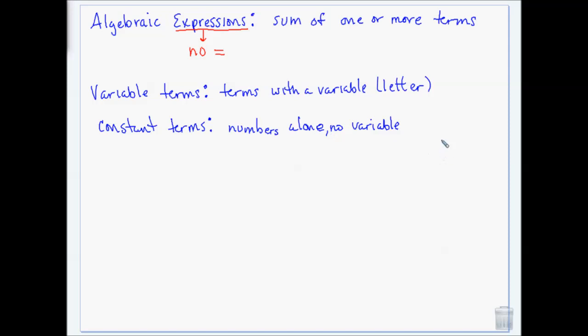You have what's called a coefficient. A coefficient is the number attached to the variable, and it indicates multiplication.